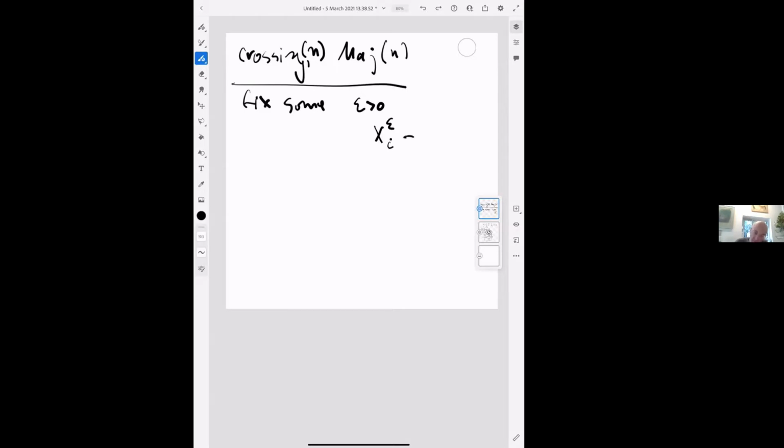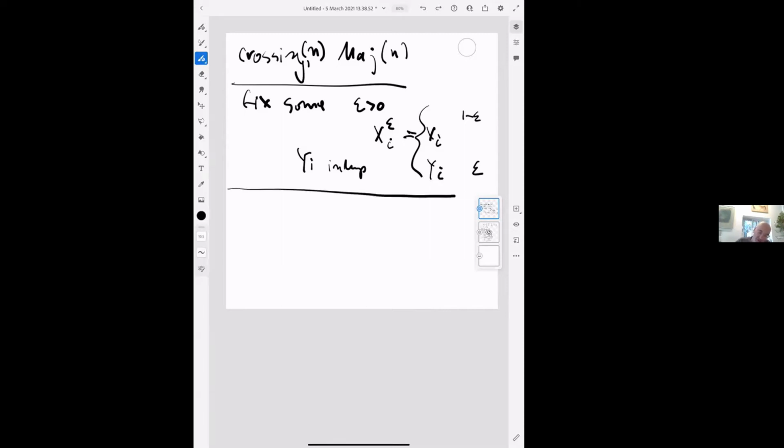So xi epsilon equals xi with probability 1 minus epsilon, and a new version yi with probability epsilon, where yi is independent and identically distributed. I'm refreshing independently each of the bits.